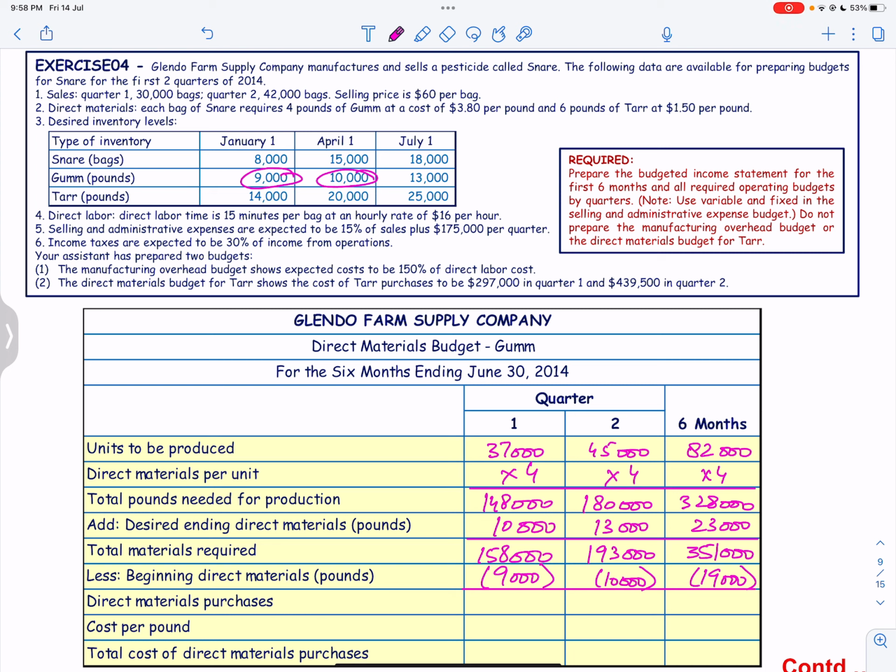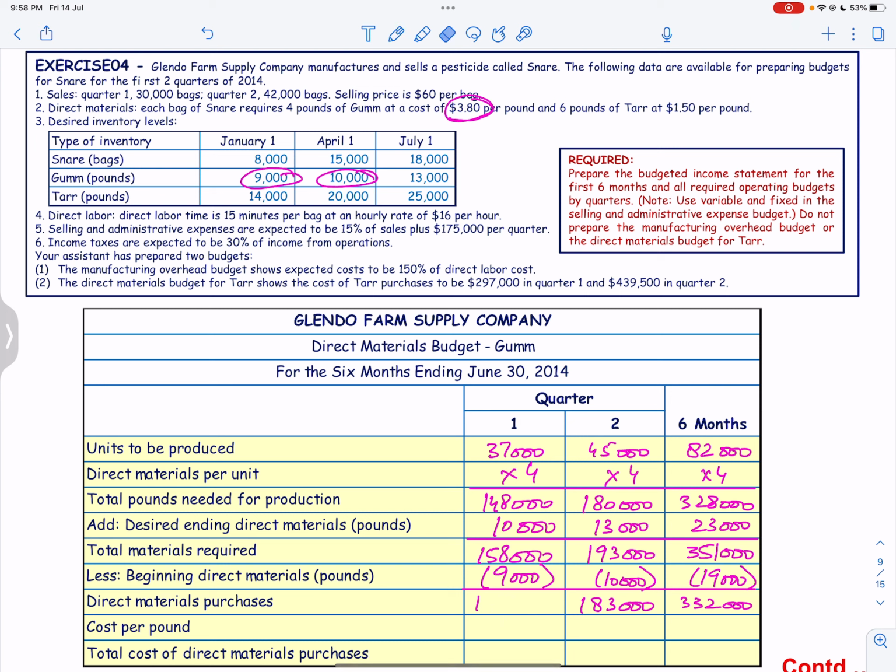So that is it. And then we are going to multiply. So the direct material purchases will be 149,000, 183,000 and 332,000. From this we will look into the cost of 3.8.